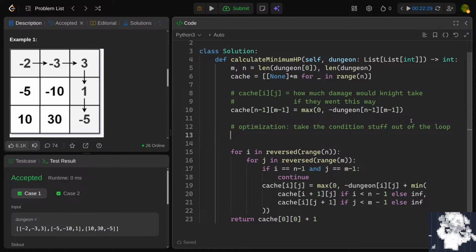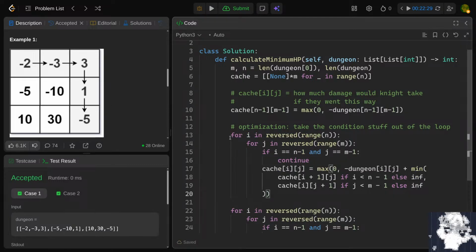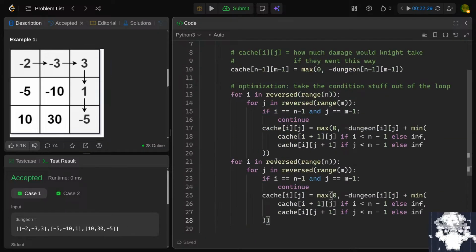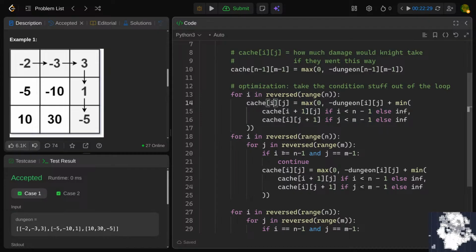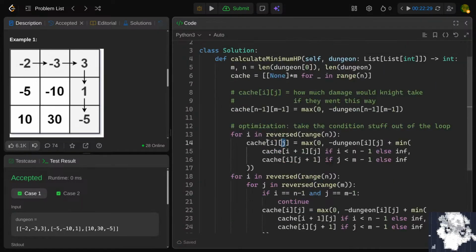So basically, cache of i and j is set to the max, so m minus 1, is going to be equal to, you know that you're not going to be doing this part of the min because there's nothing to the right.